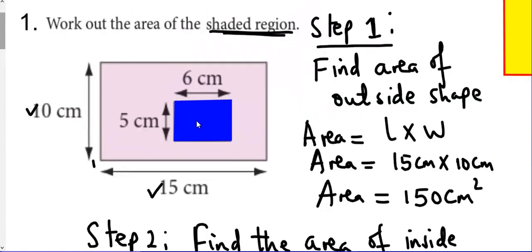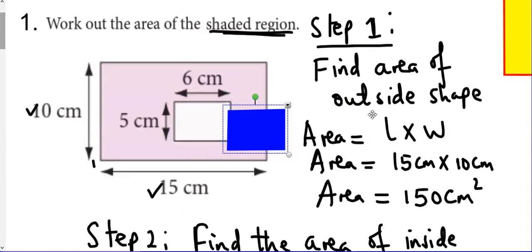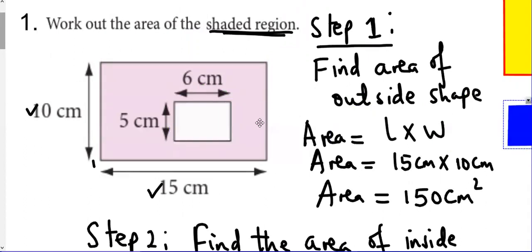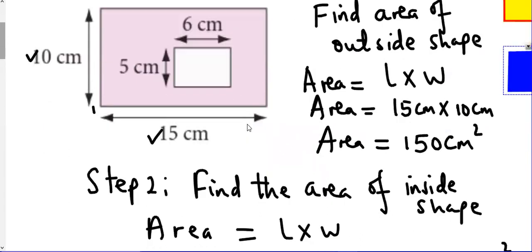Okay, now after labeling the outside shape and the inside shape, after finding the area of the outside shape and after finding the area of the inside shape, now how do we get the area shaded? To work out the area of the shaded region, you take the area of the outside shape minus the area of the inside shape.